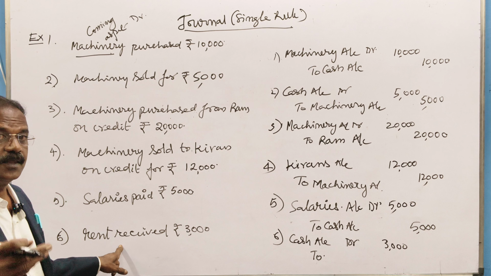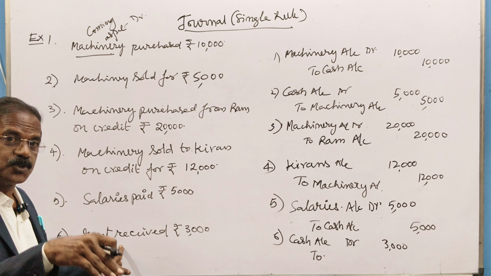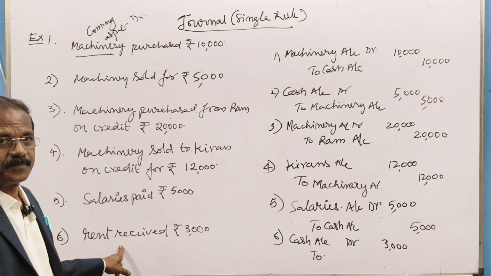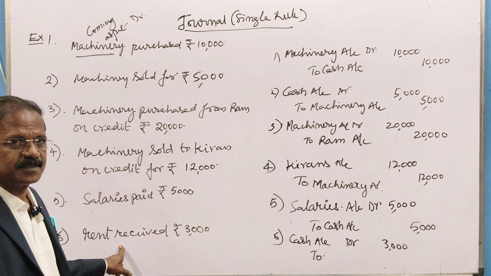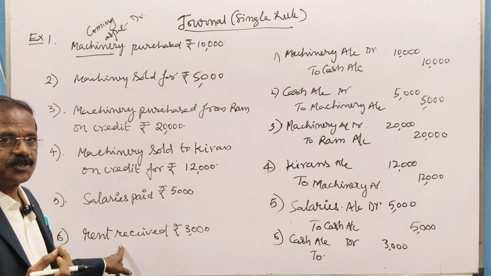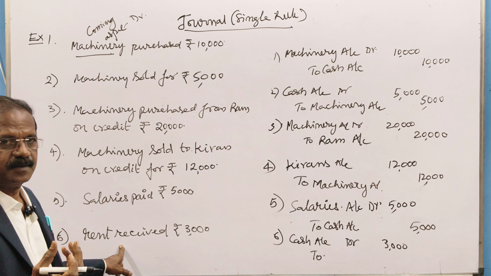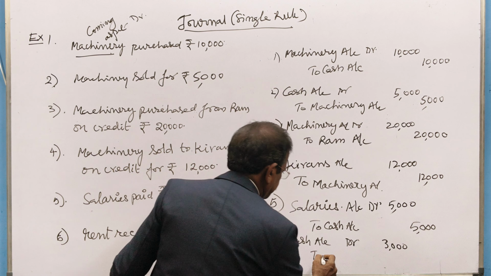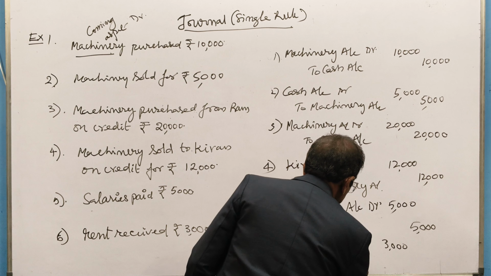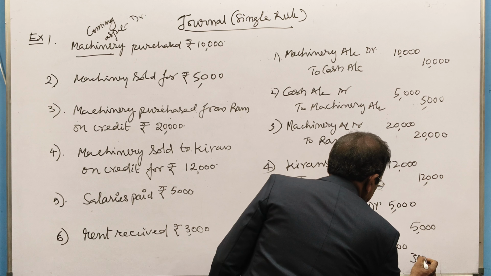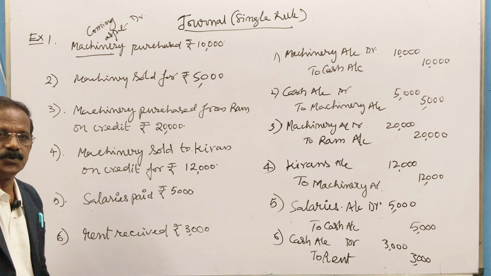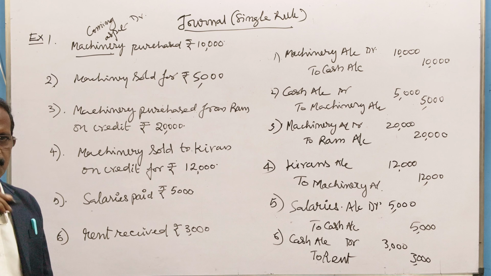You have allowed the other person to use your building. It means you are losing some benefit or you are giving some service. For that service, we should give a special name. That name is called rent.